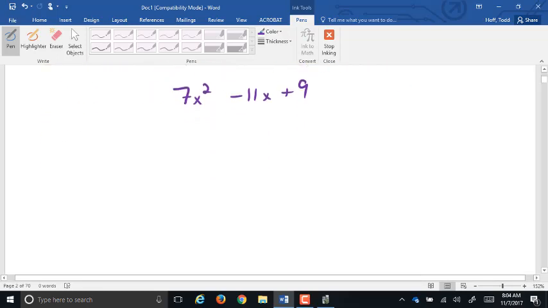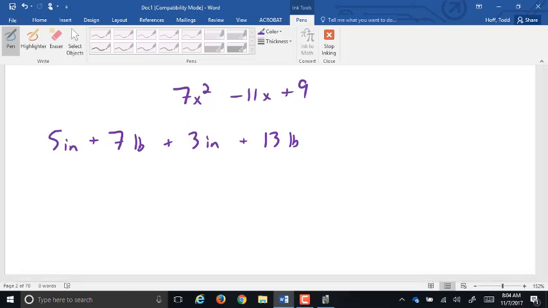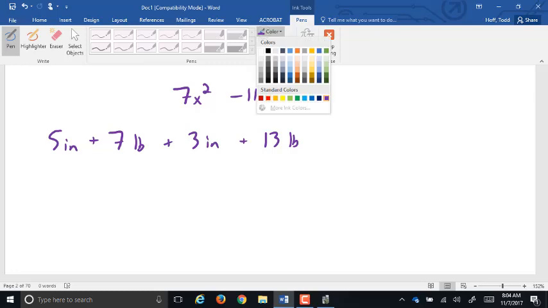So when we start to do operations with these algebraic numbers, they're going to follow the same rules as we did with our whole numbers. If I have 5 inches plus 7 pounds plus 3 inches plus 13 pounds, what can I combine there?